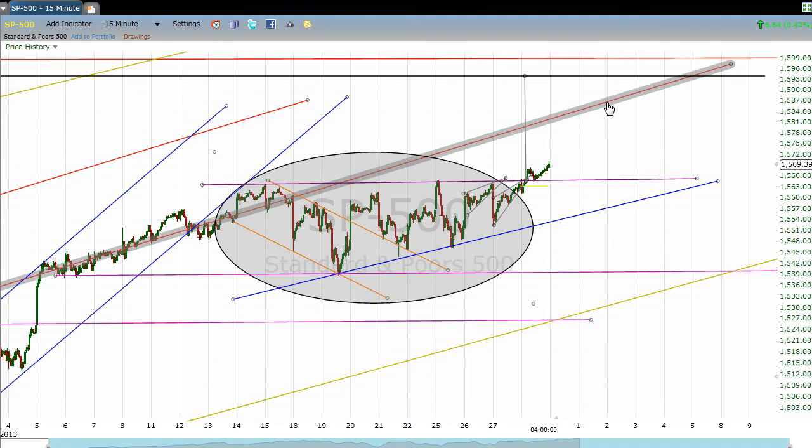While still obeying the basic rules of technical analysis. What I mean is, once a support line breaks, it tends to be resistance. It tends to turn into something else. Just like when you break a horizontal line, it tends to turn into support.